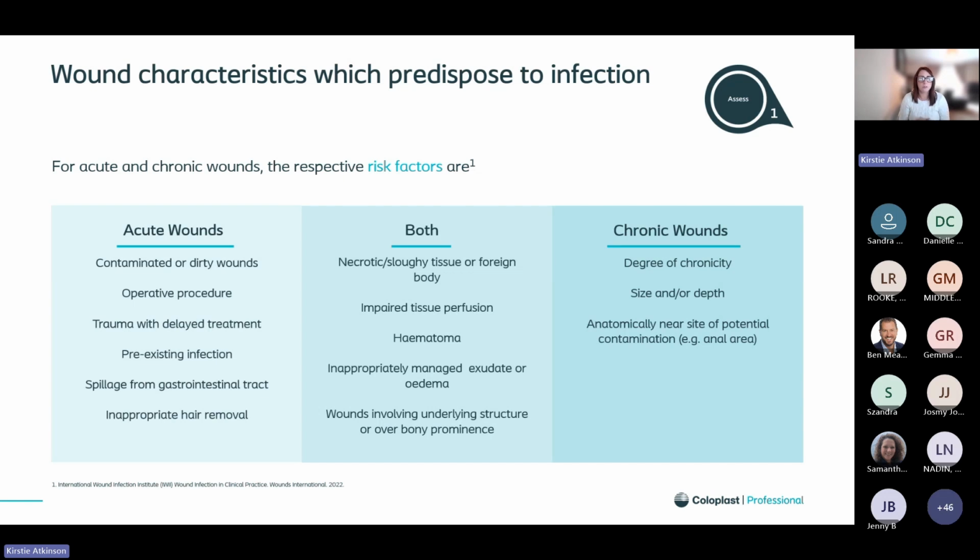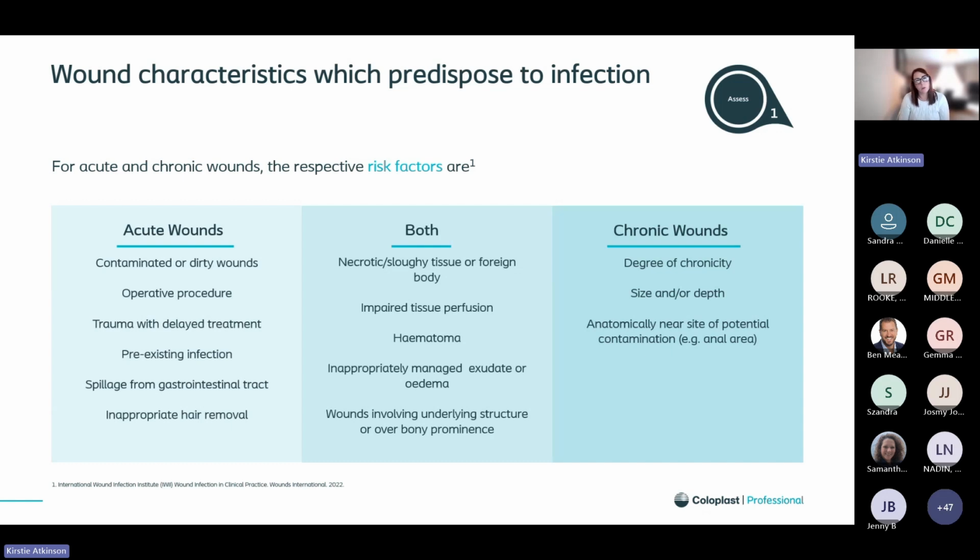If you've already got a pre-existing infection, whether it's a chest infection, a throat infection, anything like that, your body's already fighting one type of microorganism and one infection. So if you then get a wound infection, it might just tip the scales. Any spillage from your GI tract, again because of the contaminated matter that's there, and inappropriate hair removal as well, again because it could cause breaks in the skin.